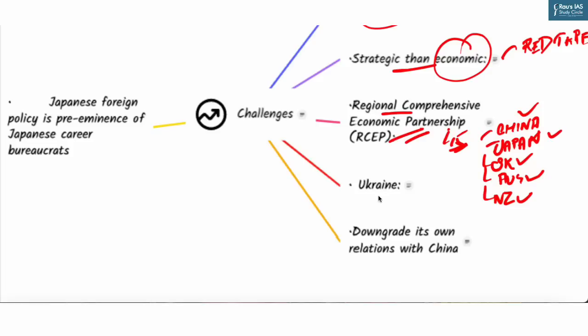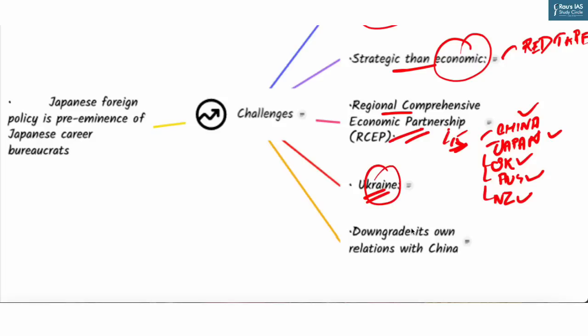The next challenge is with respect to Ukraine. India and Japan have different views on this matter. While India has refrained from criticizing Russia and has been calling for a peaceful and diplomatic solution, Japan has denounced the Russian attack. However, there is mounting pressure on India to modify its stance in light of the rising human rights violations in Ukraine.